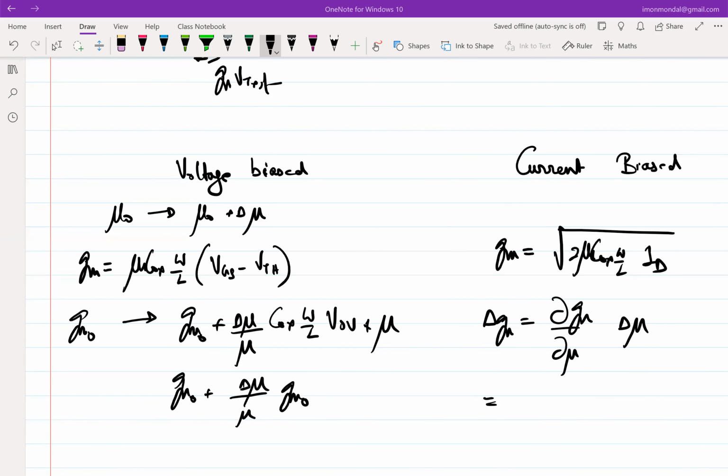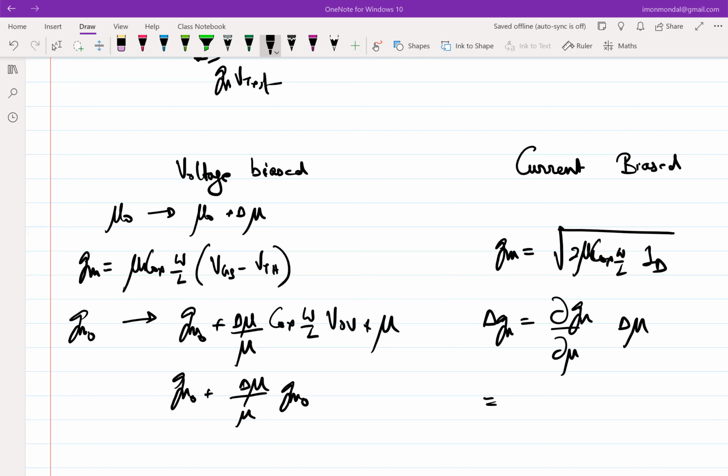Give me an expression. Cox W by L ID upon GM. Okay, concise form, quickly.